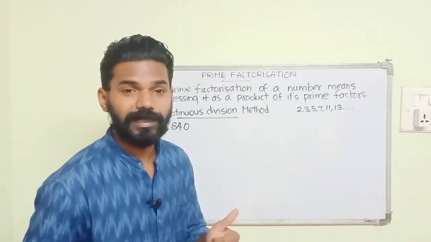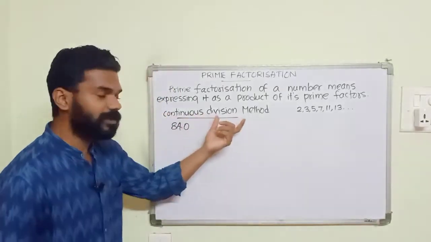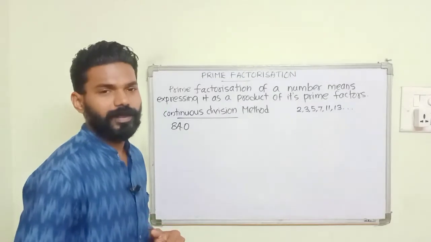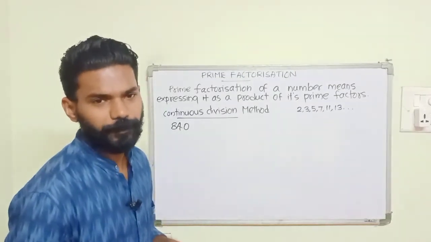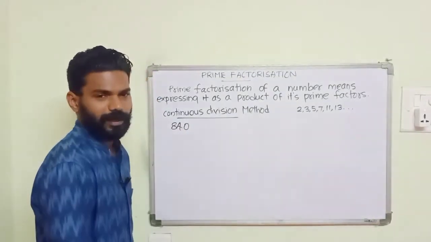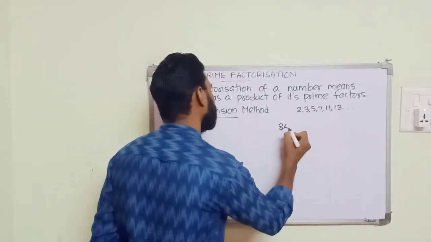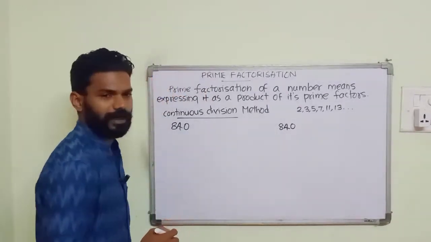So that's why we prefer the continuous division method, as our number is a little bit bigger. In the continuous division method, first of all we will write the number 840 as it is.